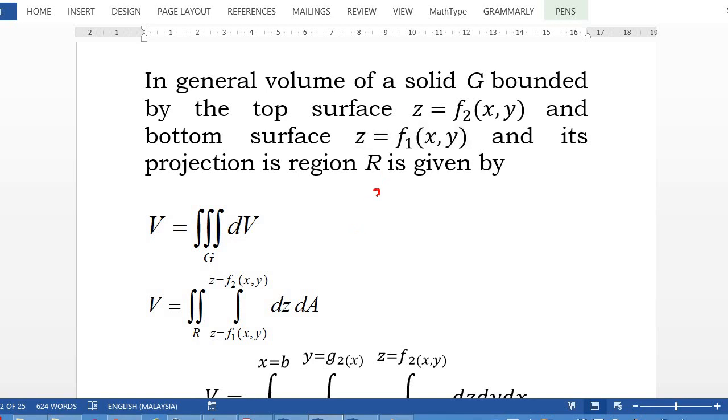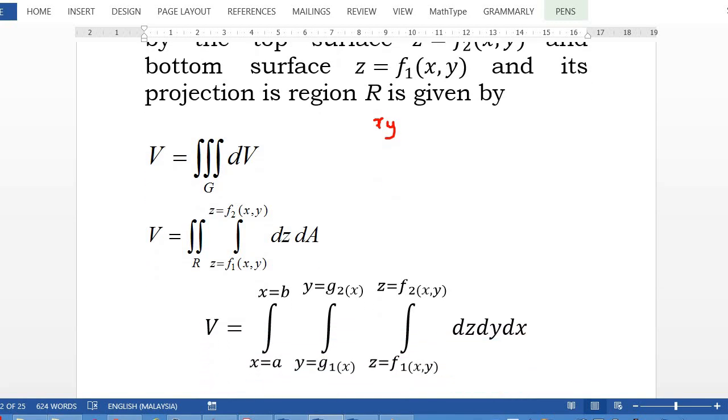If the solid is parallel with z, then the region R will be on the xy plane. Then it's given by this triple integral. V is the volume, the triple integral of 1 dV over the solid G.